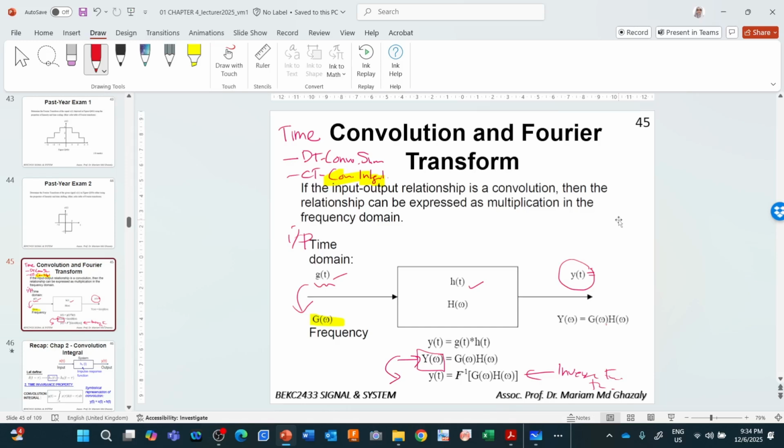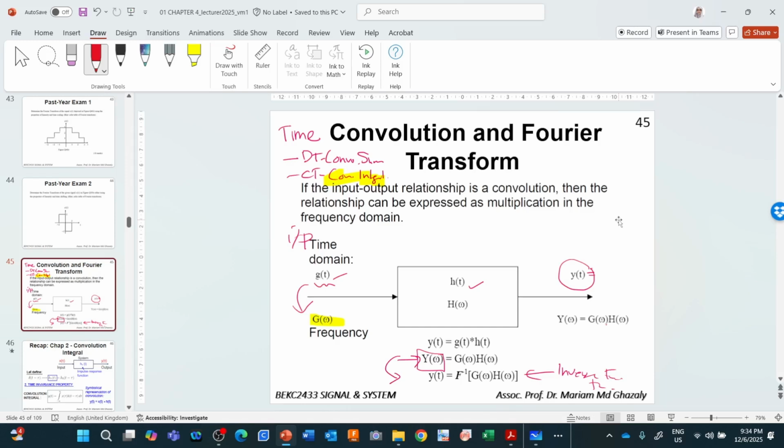So this one is the time domain. If you convert it to the frequency domain, it looks the same: H omega, input X becomes X omega, output becomes Y omega. In the time domain, chapter 2, what was the method you used for continuous time?